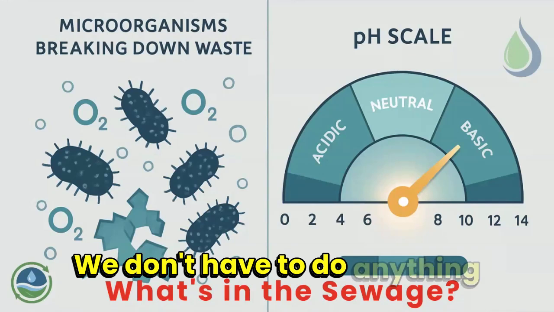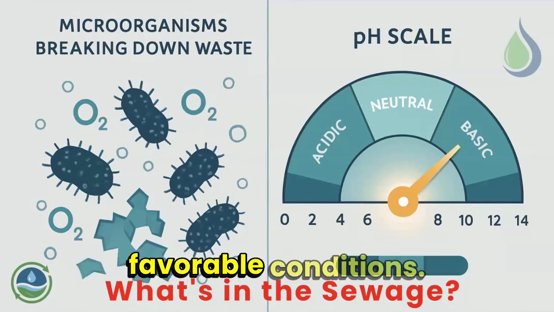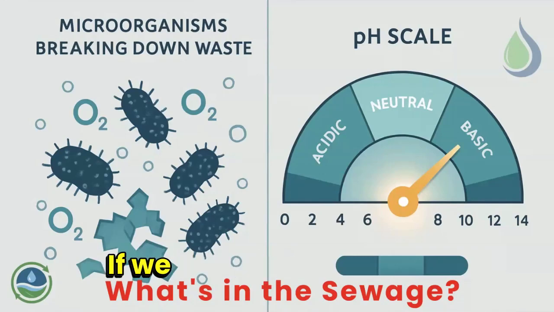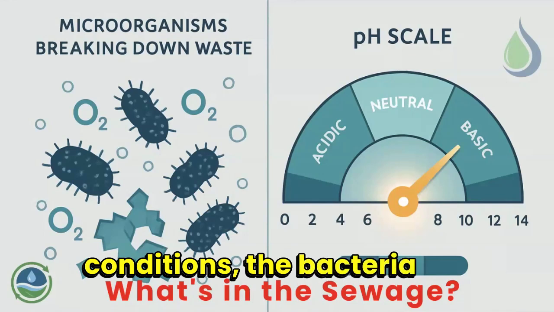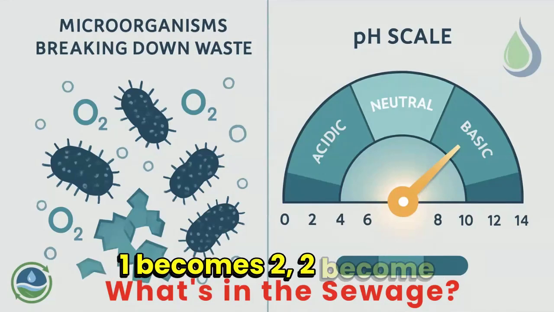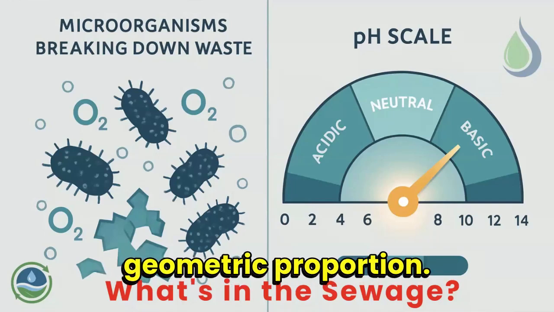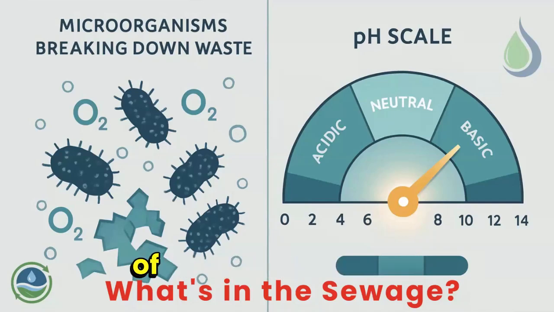We don't have to do anything extra to attract them. We just have to create favorable conditions, right? If we have favorable conditions, the bacteria will proliferate on their own. And how bacteria grow is they multiply in geometric proportion. 1 becomes 2, 2 becomes 4, 4 becomes 8, 8 becomes 16, 16 becomes 32. It keeps growing in that geometric proportion. So within no time, a lot of bacteria will grow.